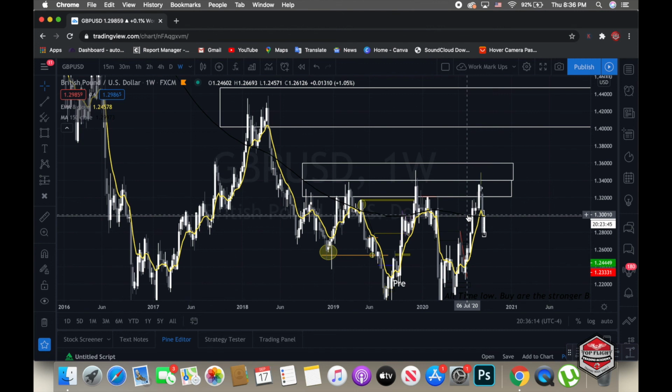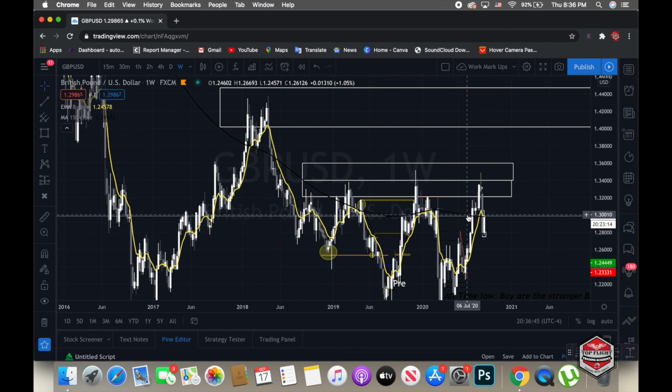Okay, so again, how to draw your key levels. You want to go out to the higher time frames like I showed you. You want to start on a monthly, then you want to go on the weekly. You can also go on the daily, but keep in mind that the monthly and the weekly are going to be your best bet. Why? Because these are the highest time frames they're offering, and they're more respected and have more credibility, so if price gets in that area, something could possibly happen.